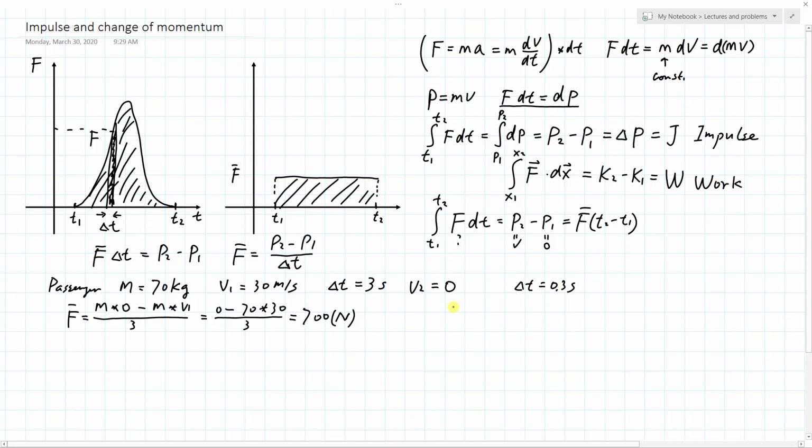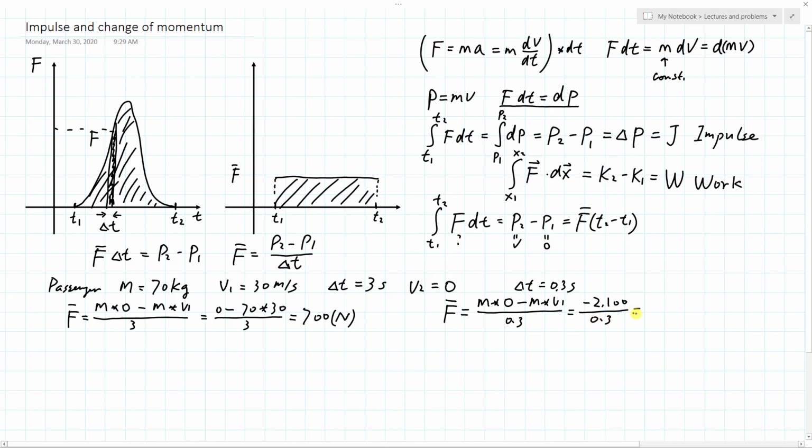How much effective force does the passenger feel from the airbag? The passenger still has to stop, so momentum 2 is still 0, and the passenger still starts from the same exact velocity, but the duration of time is shorter, 0.3 seconds. So this ends up being a negative 2100 over 0.3.